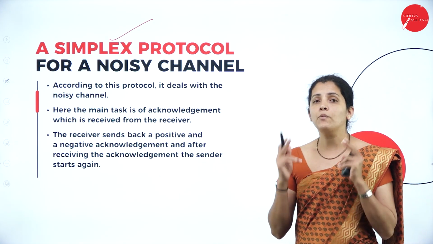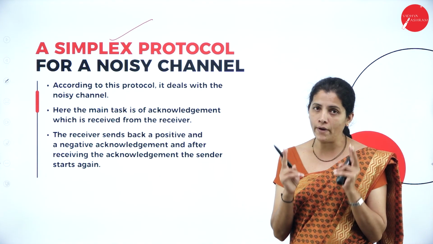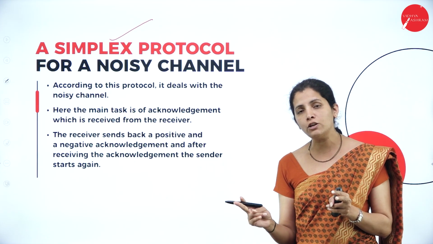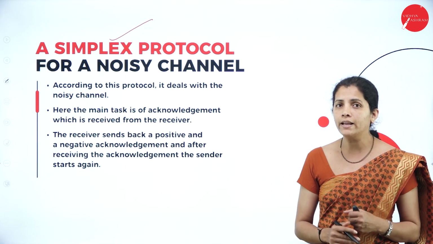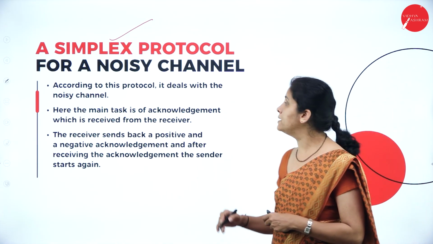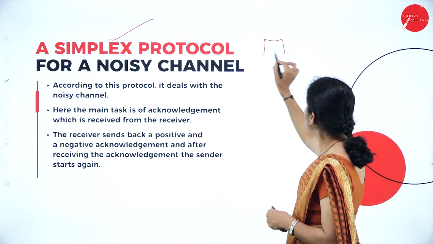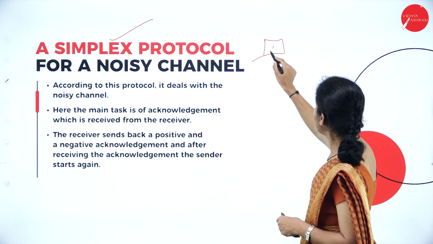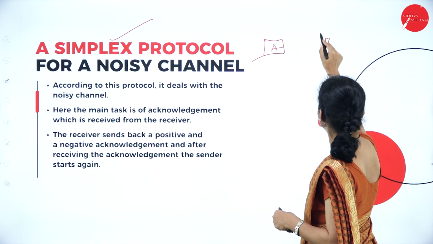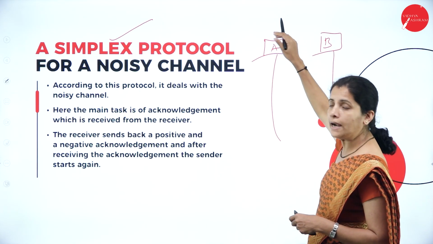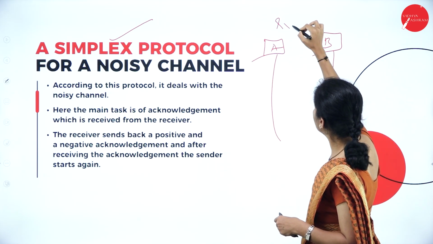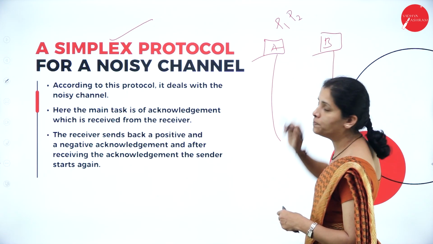So here I am going to have two kinds of acknowledgement. One is positive acknowledgement and another one is negative acknowledgement. To illustrate this concept, let me consider two entities A and B. Now think that A is going to have the packets P1 and P2.